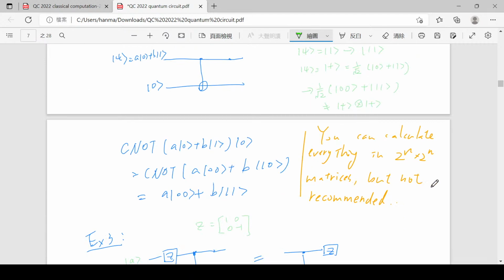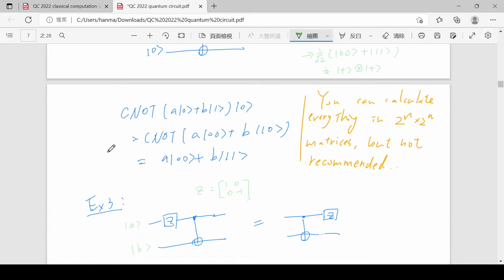Because, well, there are just a lot of things to write down. It's a 4x4 or even 8x8 matrix. It's very hard, so it's better to do the calculation like this. Maybe you expand everything in the computational basis or another better basis, do something smart, and see how CNOT acts on each element, etc. Okay.